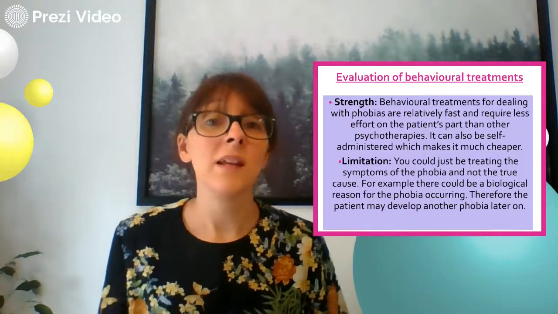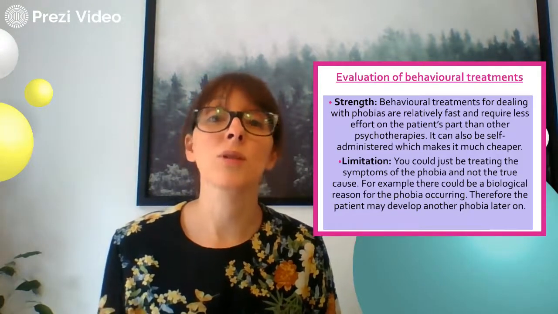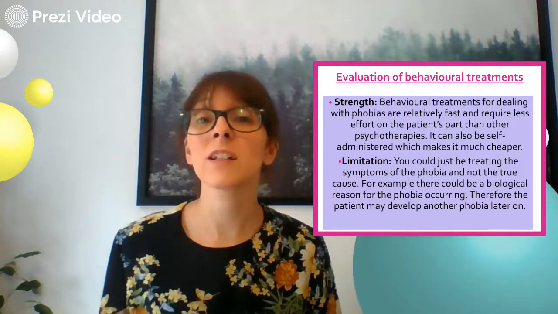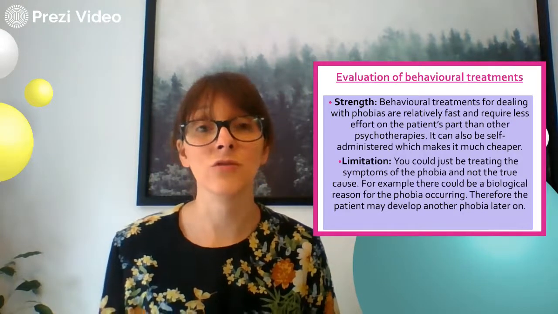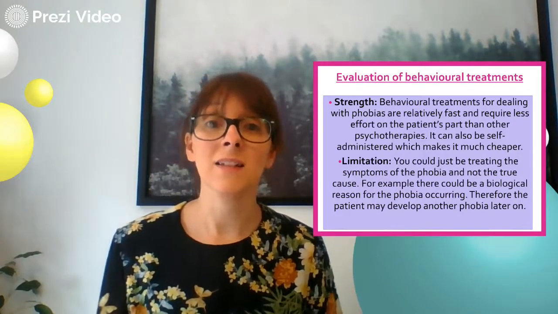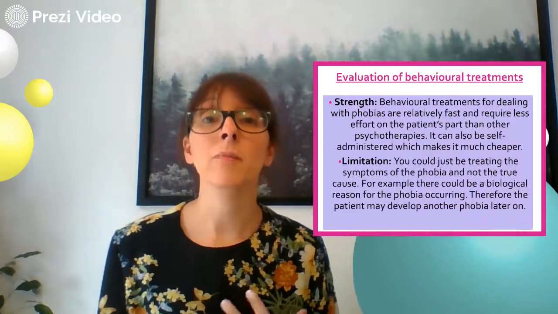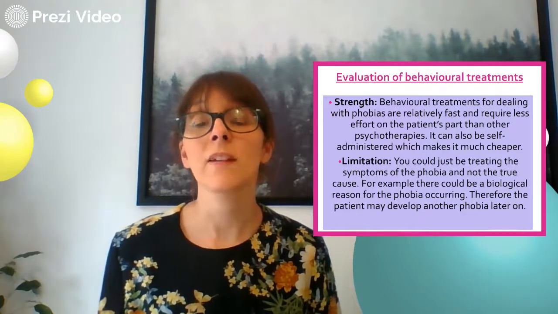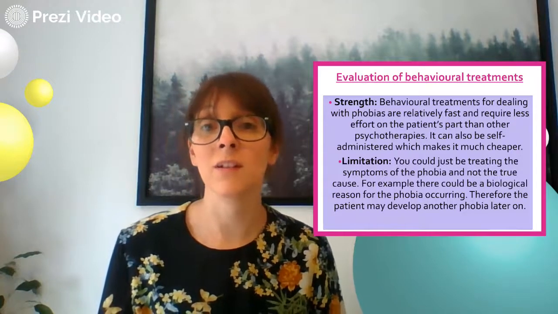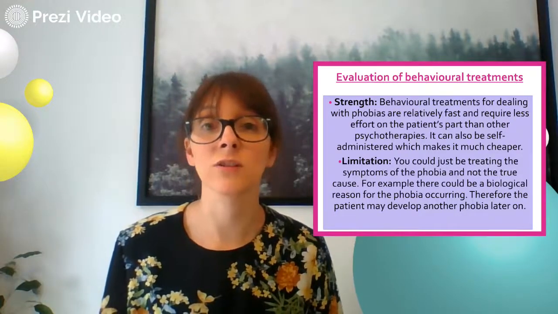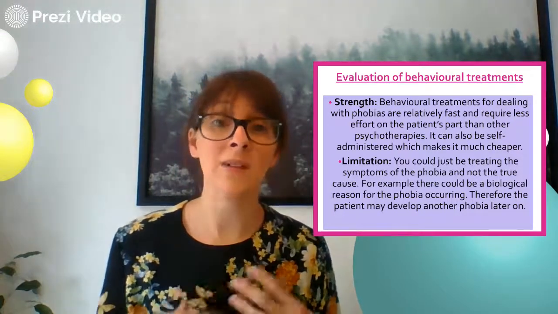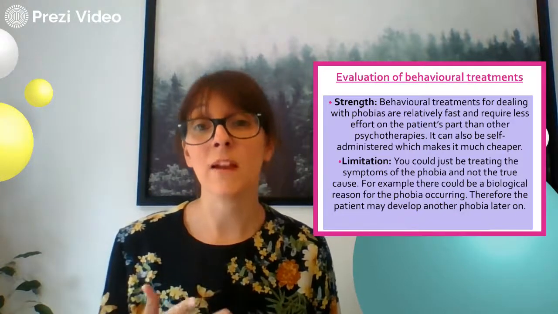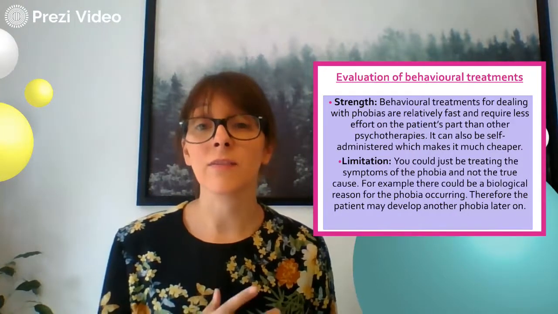It could be that some individuals are more prone to developing phobias, and you could link this into the diathesis stress model. This is the idea that some people might have a more overreactive sympathetic nervous system. So when they're faced with a phobic stimuli, or a stimuli in general, they would have a higher fear response, and therefore they're more likely to develop a phobia.